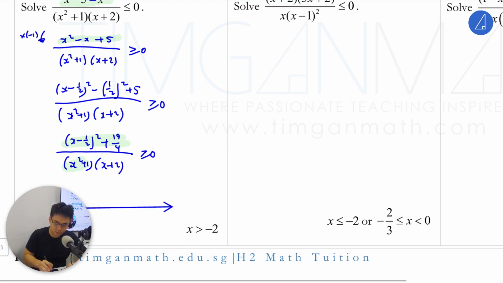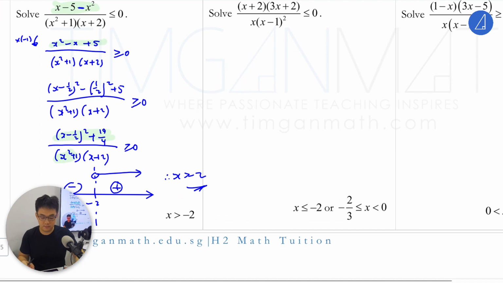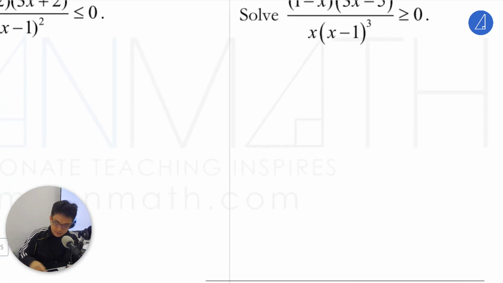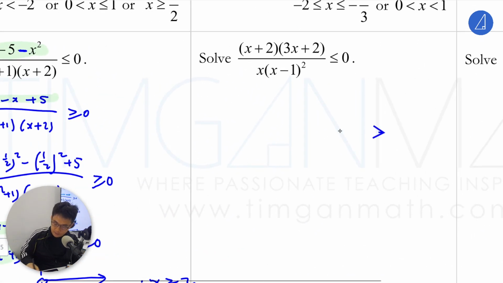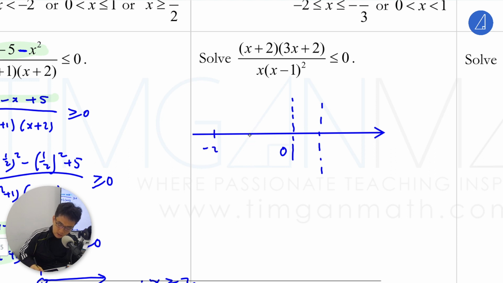Okay. So put it here. The -2, then bring it down. This is positive, this is negative. So we just want this one. So leave it here. Then the next one, draw it out. This will be 0, 1, minus, sorry, -2, -2/3.